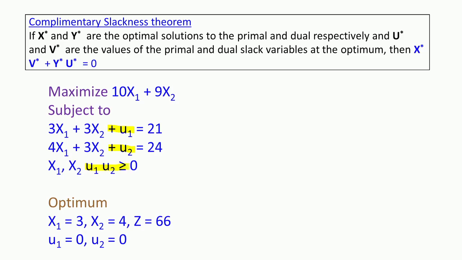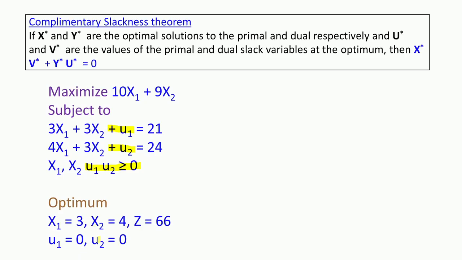So, u1, u2 greater than or equal to 0, and we will have 0 u1 plus 0 u2. Just to be consistent, u1 will be the slack variable associated with the first constraint, u2 will be the slack variable associated with the second constraint, and we already know that the optimum solution is x1 equal to 3, x2 equal to 4 with z equal to 66.